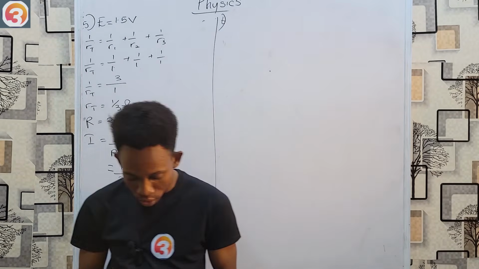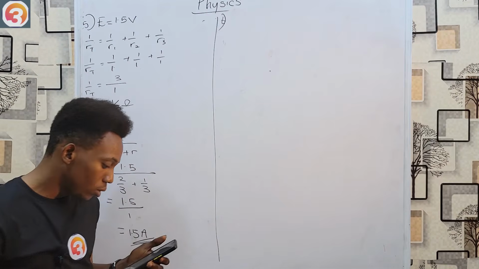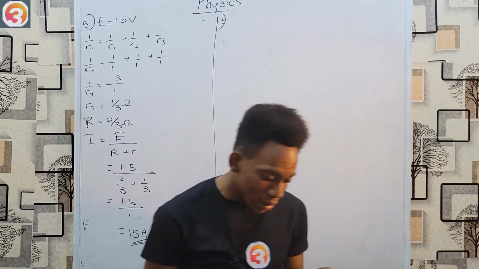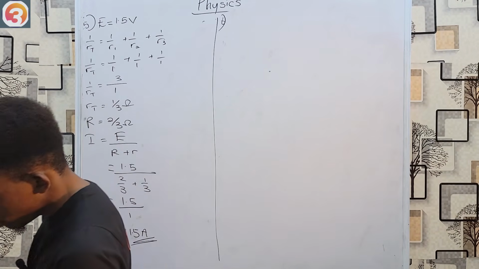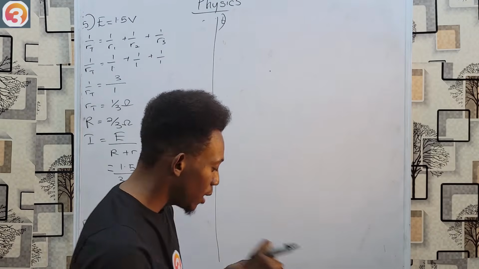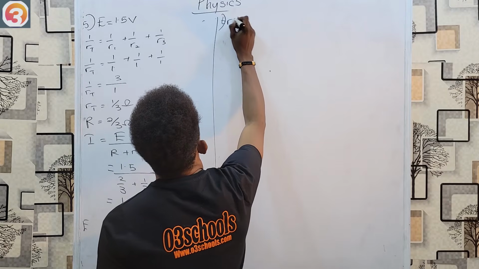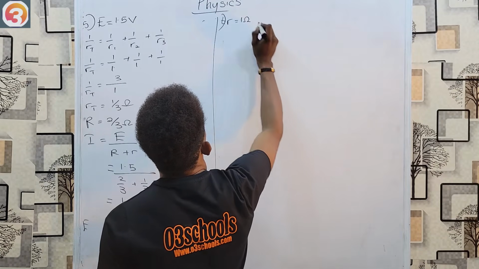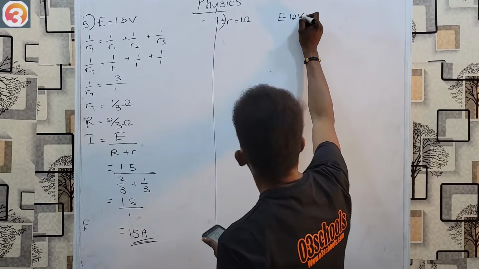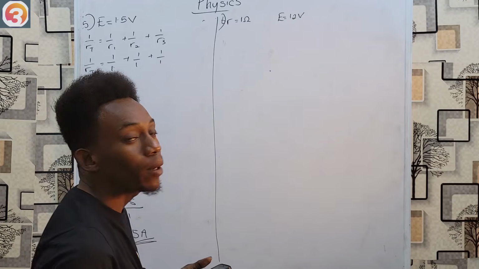Now, for this one, we are given a circuit, and we are told to calculate the current in the 12 ohm resistor if the cell has EMF of 12 volts and internal resistance of 1 ohm. Let's write down what we know. Internal resistance is 1 ohm. EMF is 12 volts.